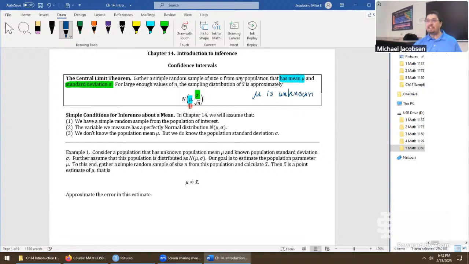It's always been unknown, and even in the prior chapter, we were assuming certain values for it to just say what could happen if mu is equal to this or it's equal to that. But here, we're not even doing that. We're leaving mu fully as a complete unknown. We're not going to put in a value for it. Our job is to estimate it this time. And keep in mind, we emphasize this is really just an introductory chapter to get us starting to think about inferential statistics. Because it's an introductory chapter, our author says, here are the simple conditions we're going to assume throughout this chapter.